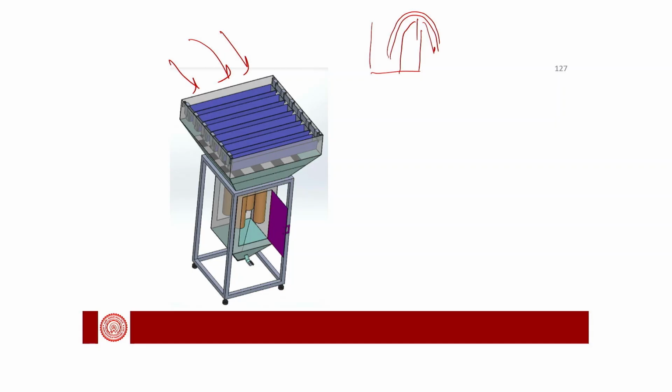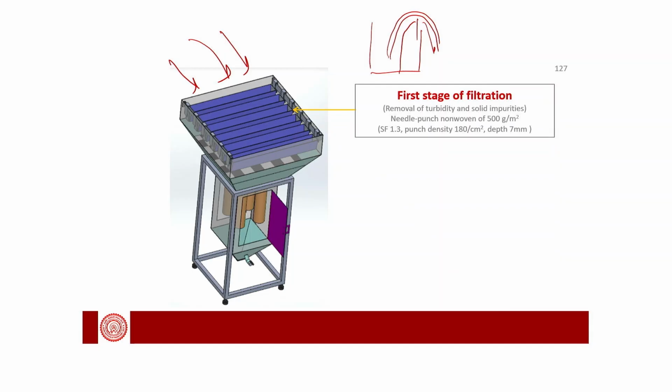This is the first stage of filtration, where we remove the turbidity and solid impurities. The optimized fabric which we have used was a needle punch fabric of 500 gram per square meter density, with a shape factor of 1.3, that is, we have used trilobal fiber here.